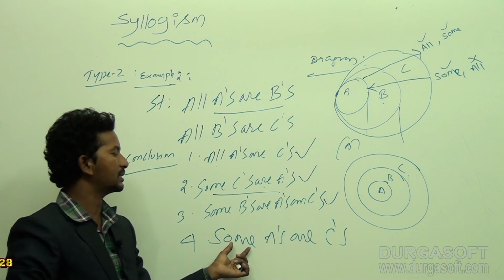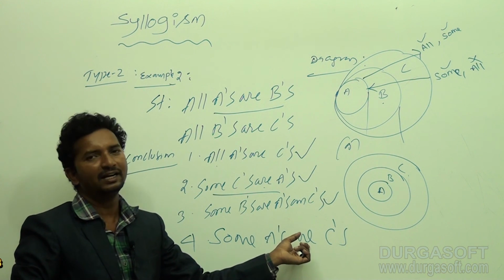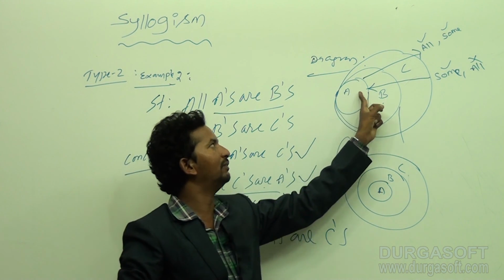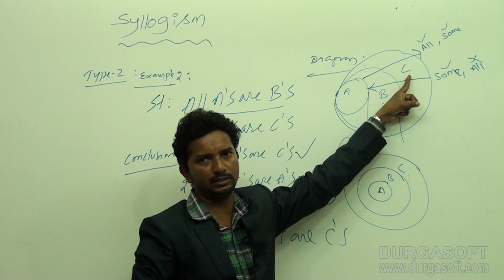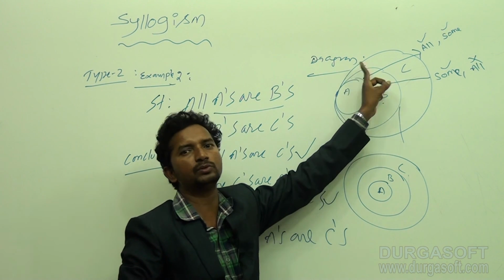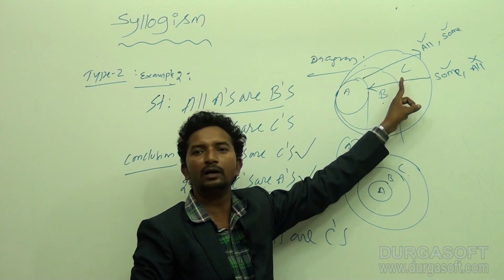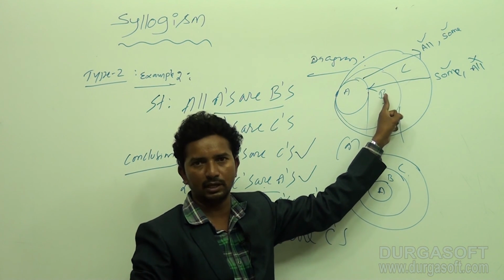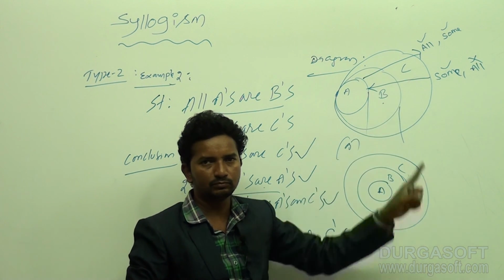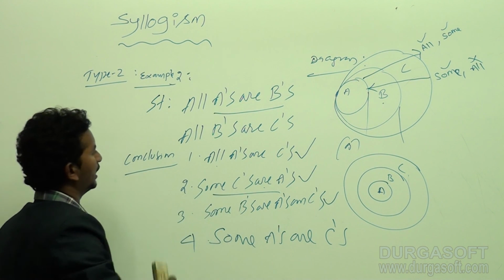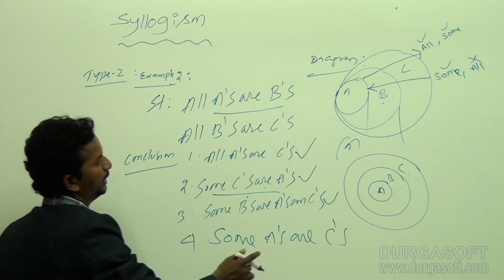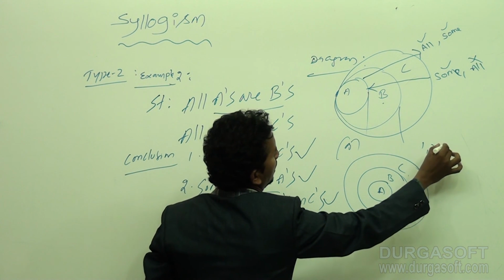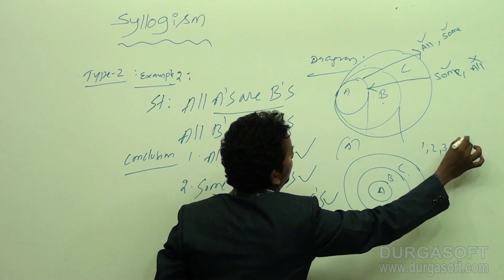Coming to that one, some A's are C's. All follow and some follow: all A's are C's, some A's are C's, all B's are C's, some B's are C's. Now this is the diagram. What conclusions will be true here? 1, 2, 3, 4 follow.